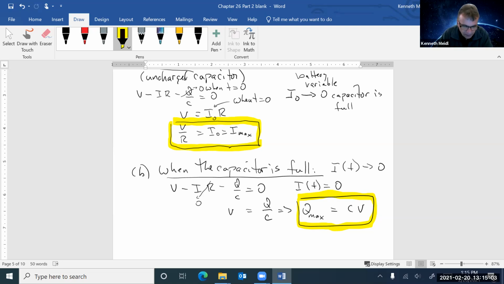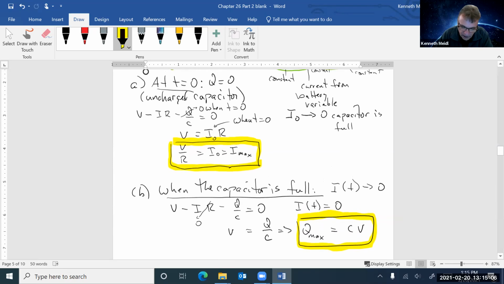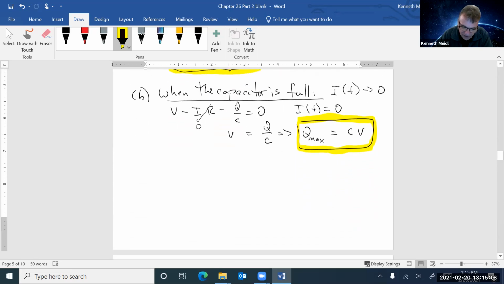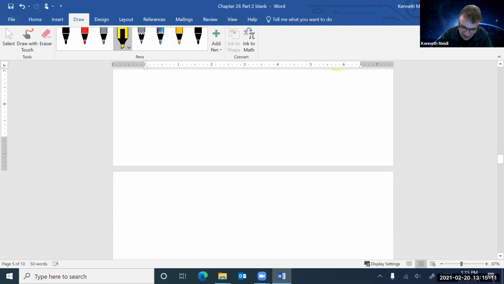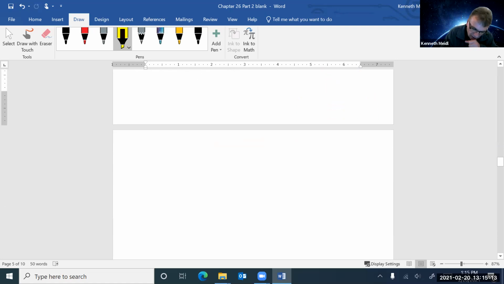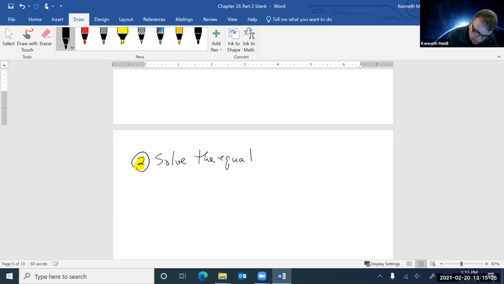Okay. So let us go and actually solve the equation. So let me just start here on a new page, and let's solve this equation if we can. And the equation we're going to solve is, V minus IR minus Q over C equals 0.